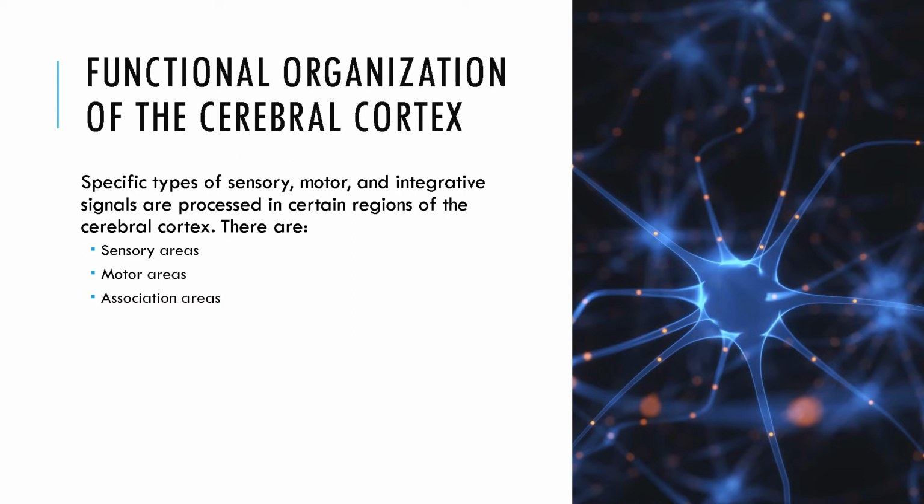Specific types of sensory, motor, and integrative signals are processed in certain regions of the cerebral cortex. So generally, sensory areas receive sensory information, and they're going to be involved in perception, and perception is the conscious awareness of sensation.